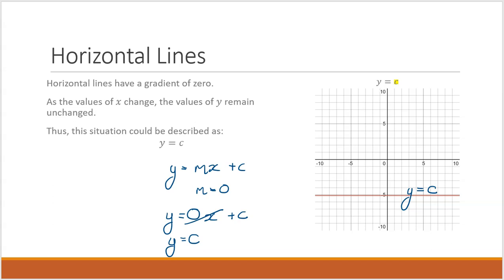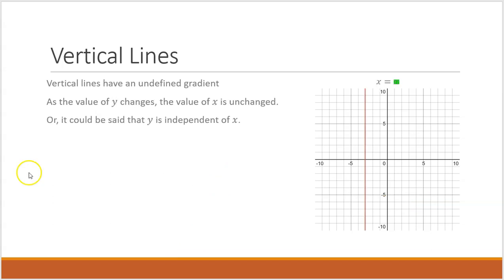Next one is the vertical line. So notice, slope dude told us that for a vertical line, the slope or the gradient is undefined. So it would be something like y equals infinity times x plus the constant.